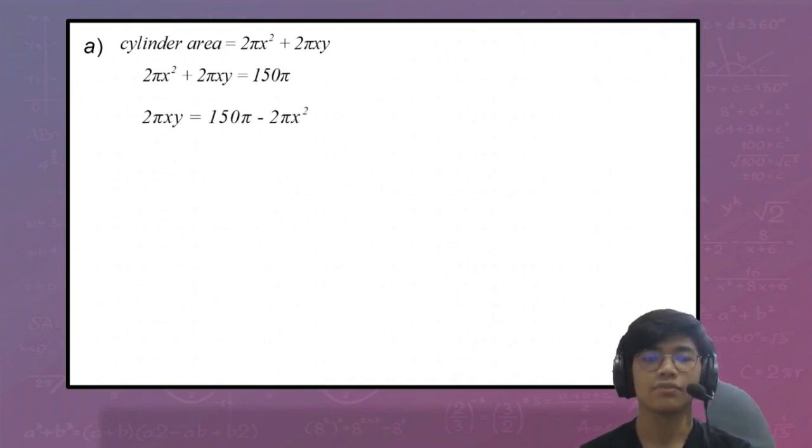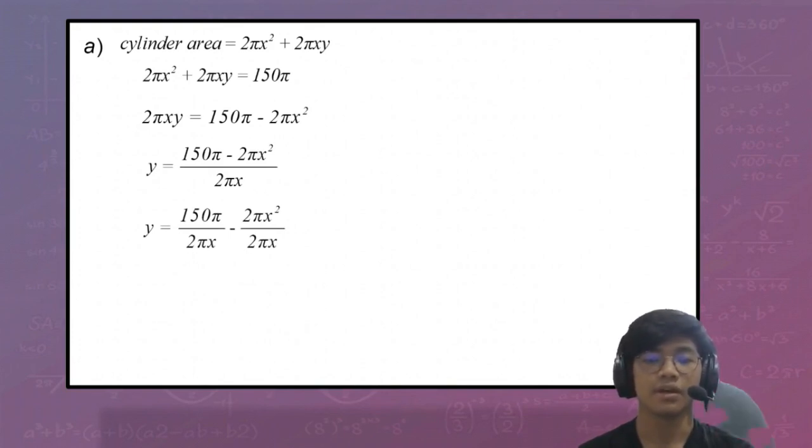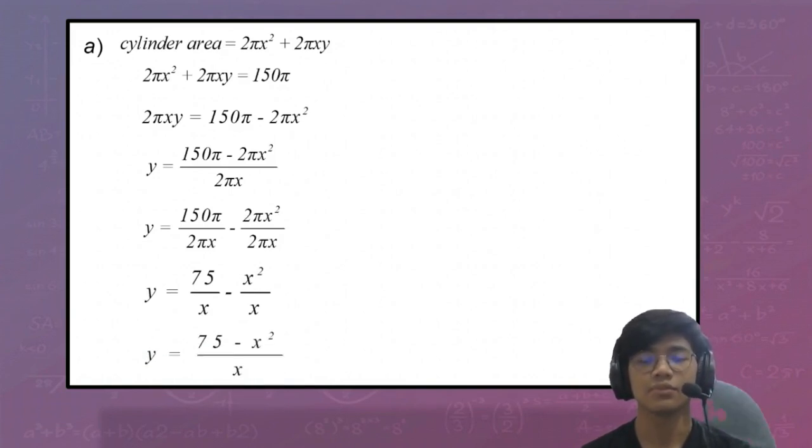Next, move 2 pi x to the right and it will become 150 pi minus 2 pi x square divided by 2 pi x. And next step, separate it so we can simplify it easily. After we simplify, it will become 75 over x minus x square over x. And lastly, write the final answer, which is 75 minus x square over x.